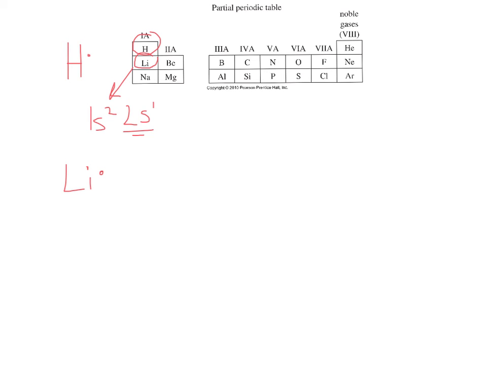Once again, we can look at the label on the top of the periodic table. Hydrogen and lithium and sodium are all in column 1A. This column 1 indicates that neutral hydrogen has 1 valence electron, neutral lithium has 1 valence electron, neutral sodium has 1 valence electron. With carbon, which is over here, it is in column number 4, therefore it has 4 valence electrons.